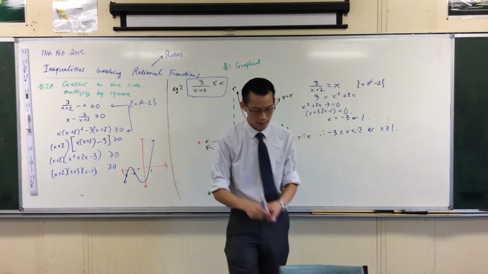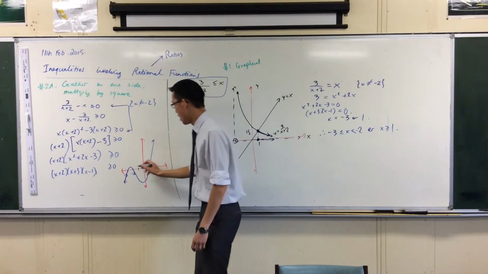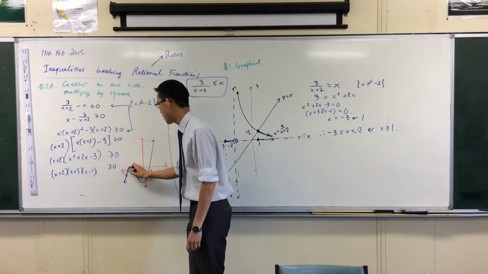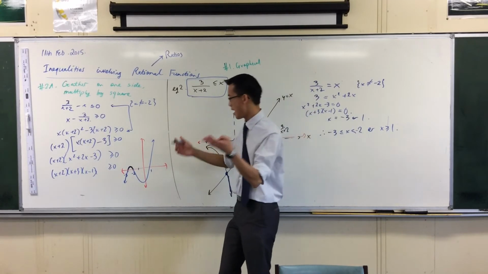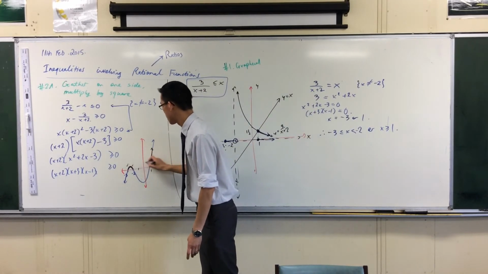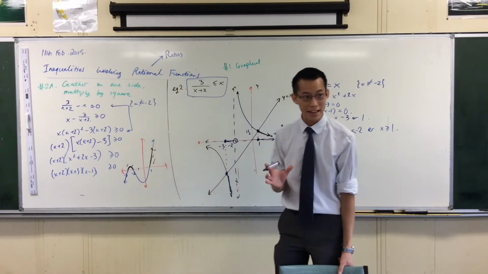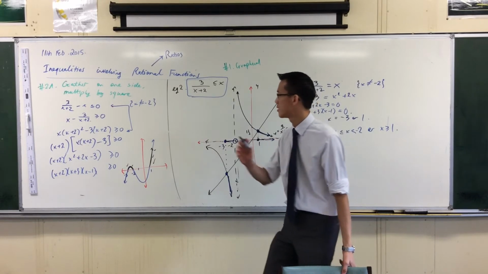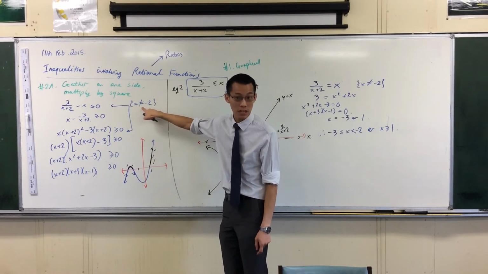So again, get out your new color and have a look at the parts we're interested in. I'm going to go from this part over here. That part works, it's above the axis, and here's another part that's above the axis. Just like before, I note, for different reasons, I have a domain restriction.